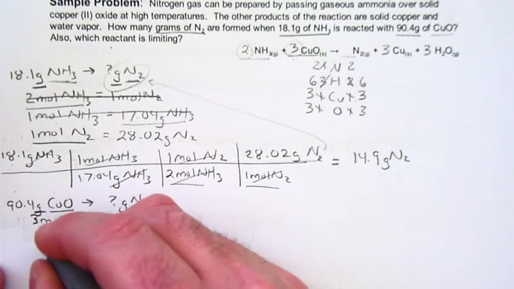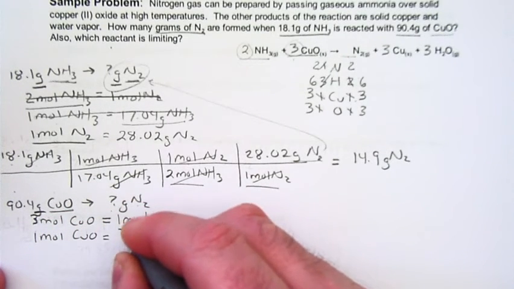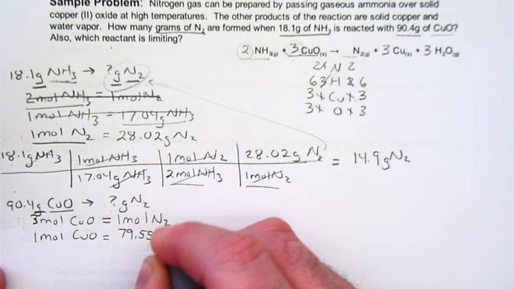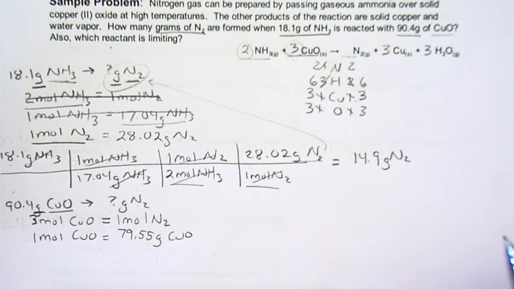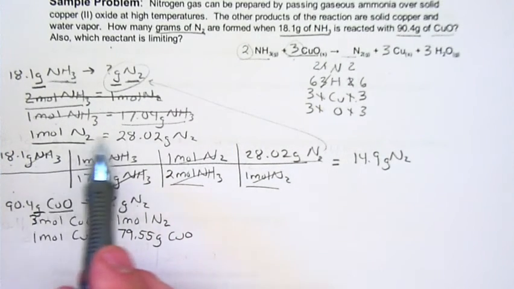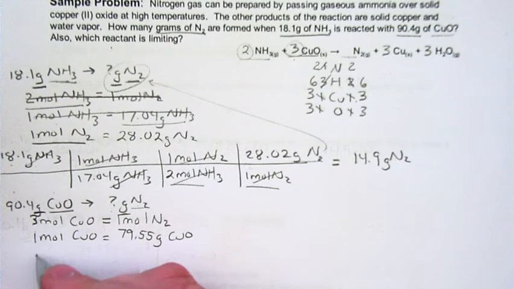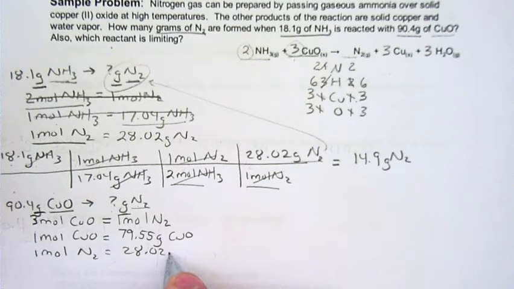So 1 mole of copper oxide equals 79.55 grams of copper oxide. And for the final equality, I'm going to use the same one here since it's the molar mass. That's grams. I need the molar mass of nitrogen, which is still 28.02 grams.